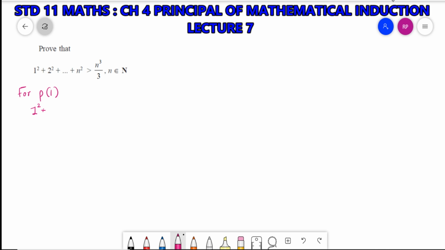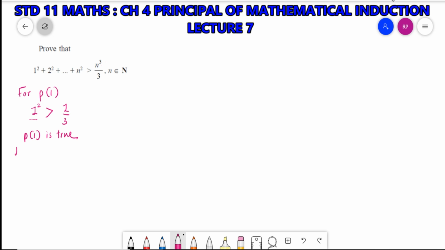LHS is 1 square. RHS is 1 cube by 3, that is 1 by 3. Obviously, 1 square is 1, which is greater than 1 cube by 3. So P of 1 is true.